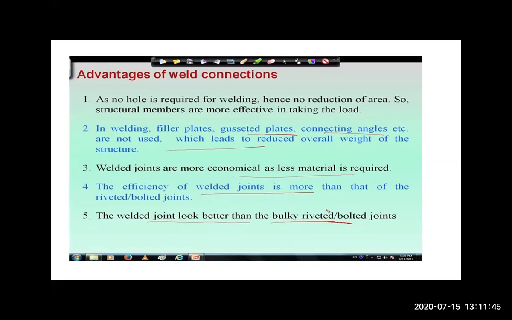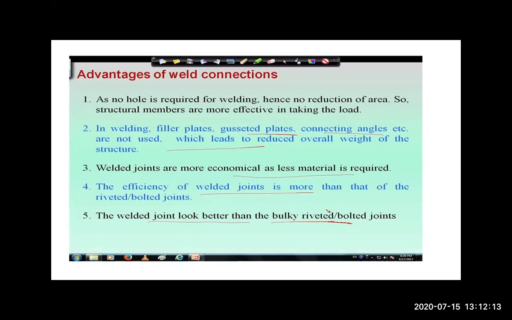In bolted connection, we connected two main plates by two cover plates or one cover plate. In a single cover butt joint, two main plates are placed in front of each other, and above that we provided one cover plate, made the holes and connected the bolts.